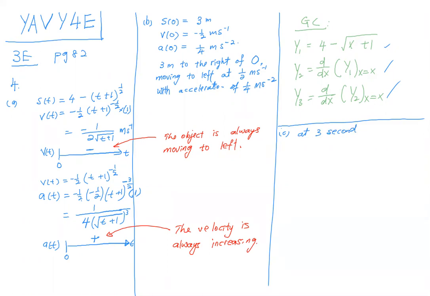So you find S3, V3, and A3. It's the same as saying condition.